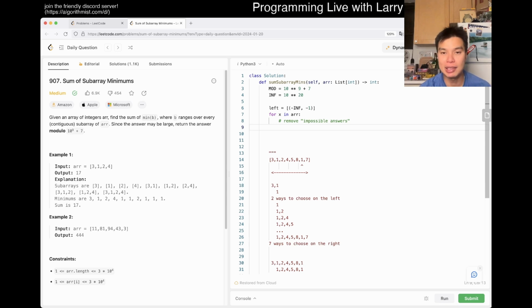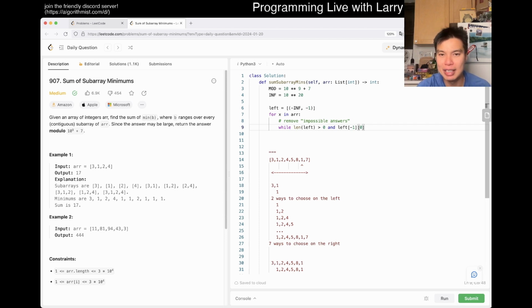But yeah, remove impossible answers. So while length of left is greater than 0 and left, so this is the top of the stack or the rightmost side of the array, if you prefer that. And then the value of it, this is the value, and this is the index of the array element. I think -1 makes the math easy, but maybe it's 0. I actually don't know about this one. Didn't trace it through yet. We'll go for it together.